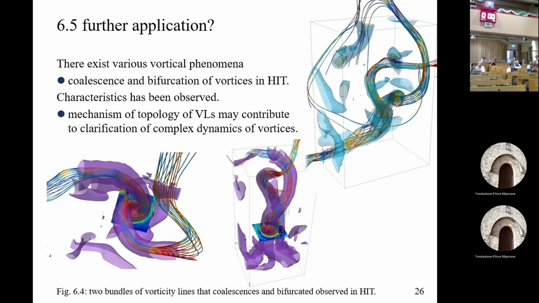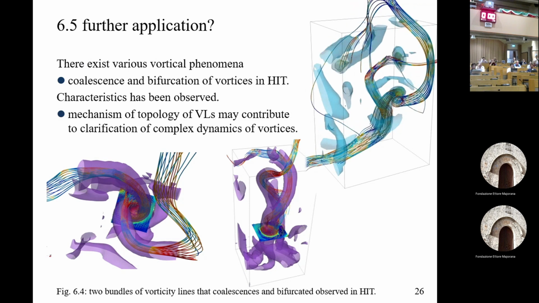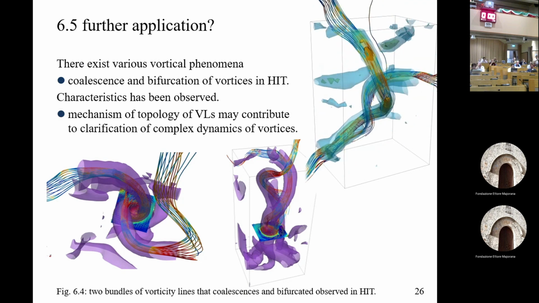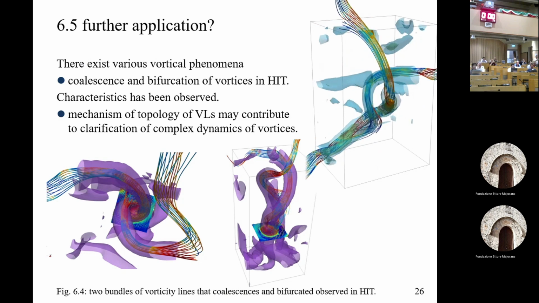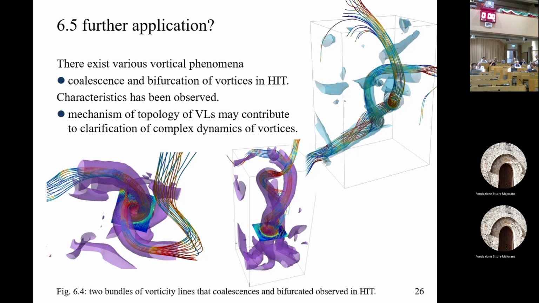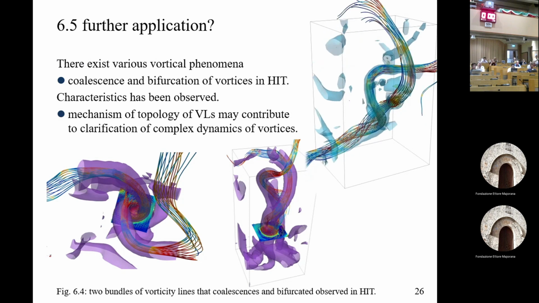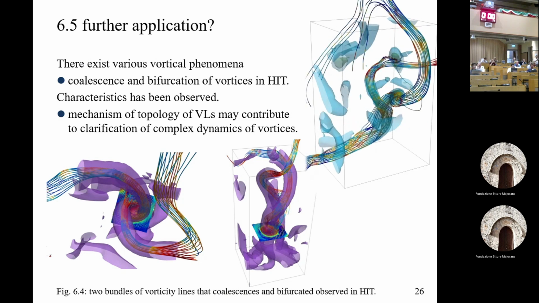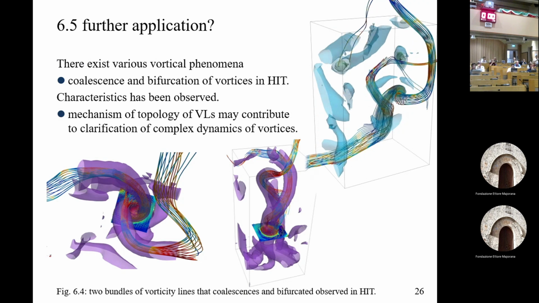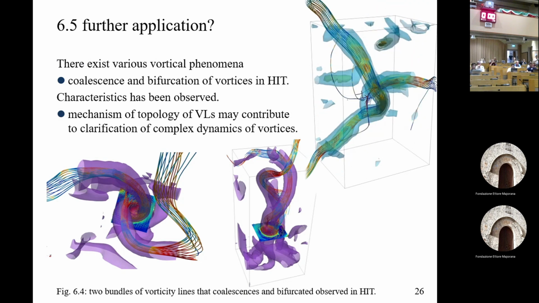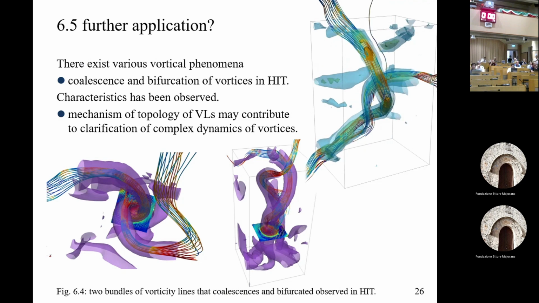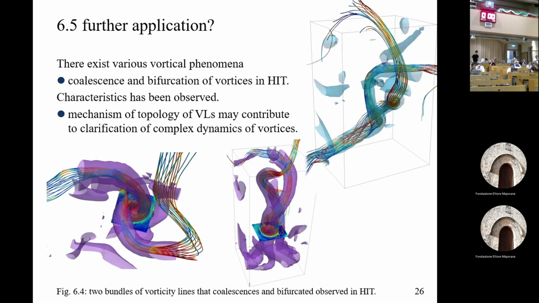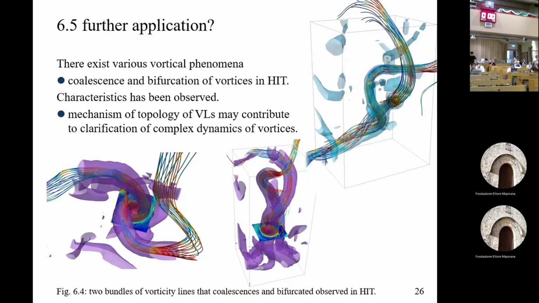However, in this isotropic homogeneous turbulence, vortices identified using, for example, sphericity, or the second invariant of the velocity gradient tensor, or the lambda2 definition are almost the same, because this is due to the vortex behavior in this turbulence. And even if we identify intense vorticity regions, the identified result is almost the same. Okay, thank you.